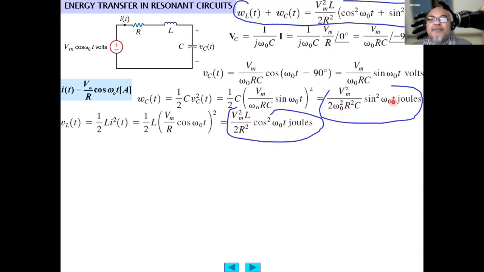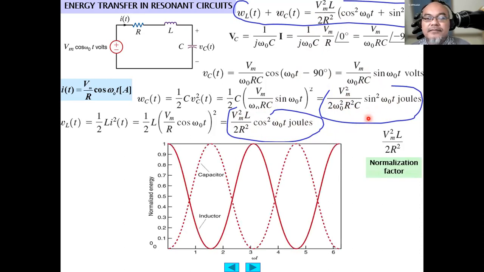So this plus this equals Vm squared divided by 2R squared, multiplied by cosine squared omega 0 t plus sine squared omega 0 t, and the Vm squared L divided by 2R squared. And this is the normalization factor.